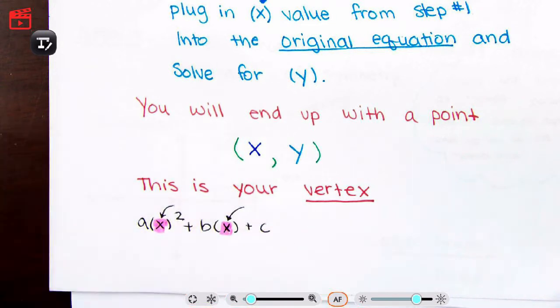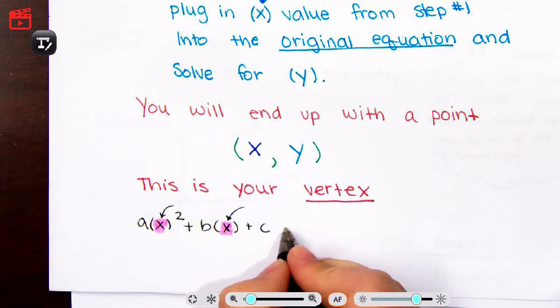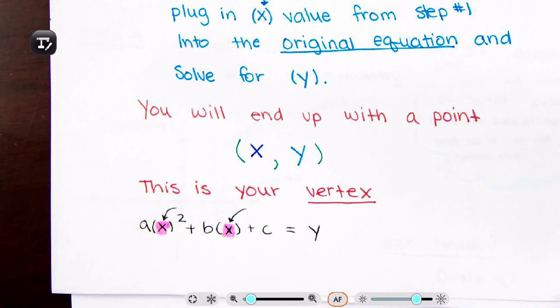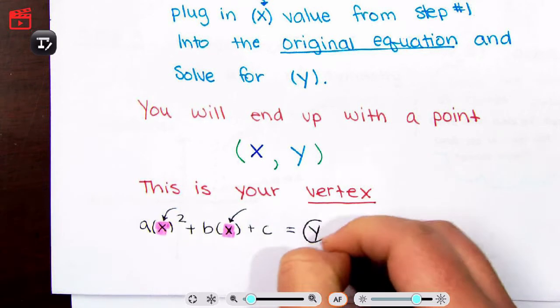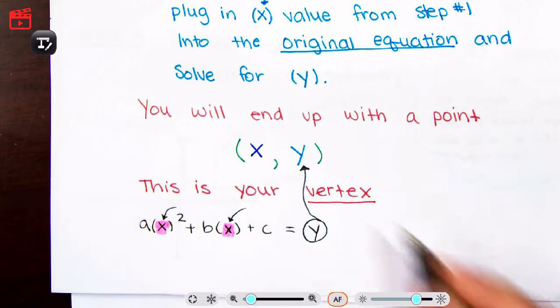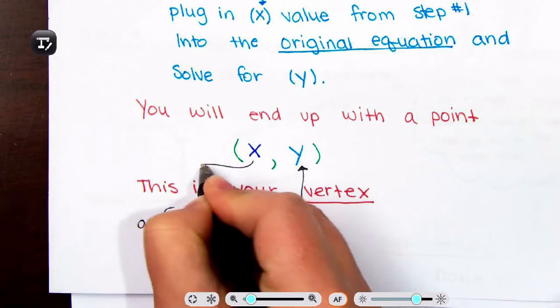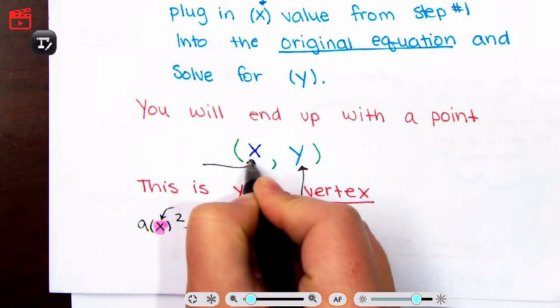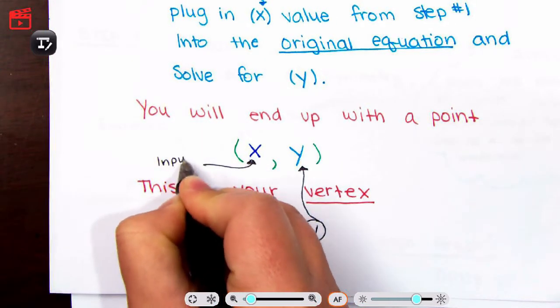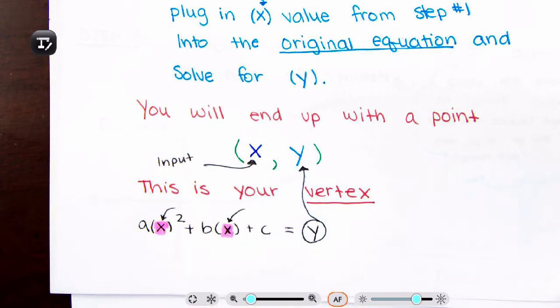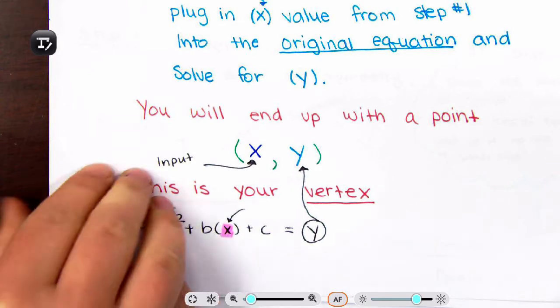So you're going to replace that and solve for y. Your y answer is going to be the y part of your point. Your x that you used for your input is going to be your x value. So right now we have the axis of symmetry. Now you have your vertex point.